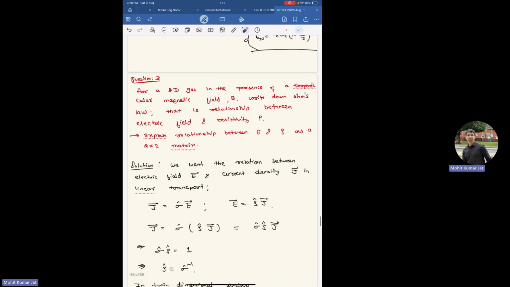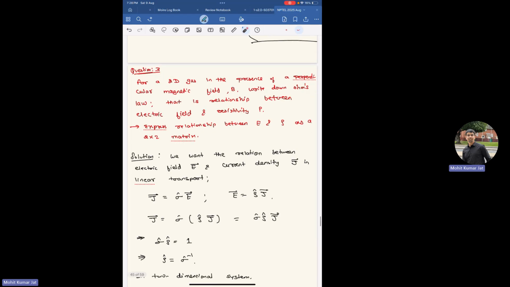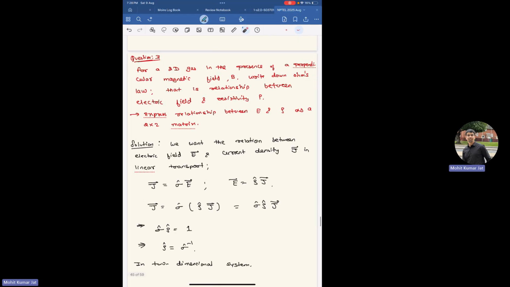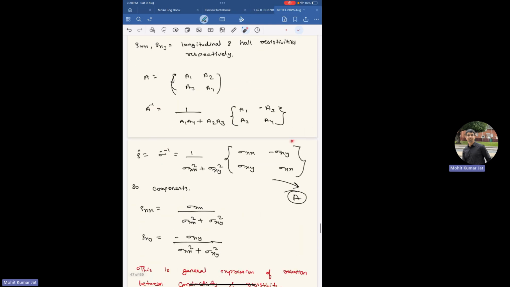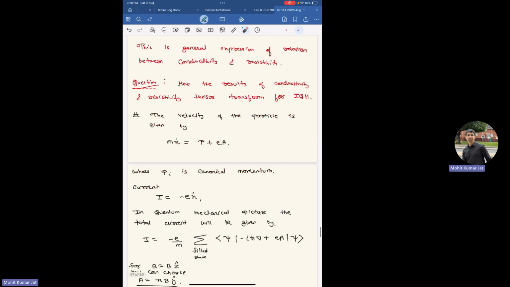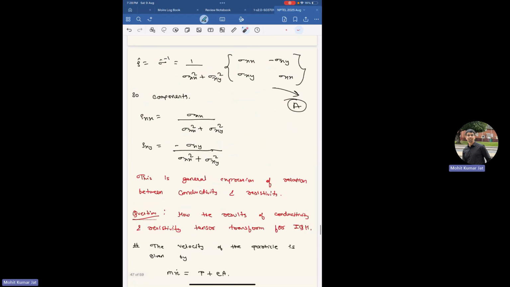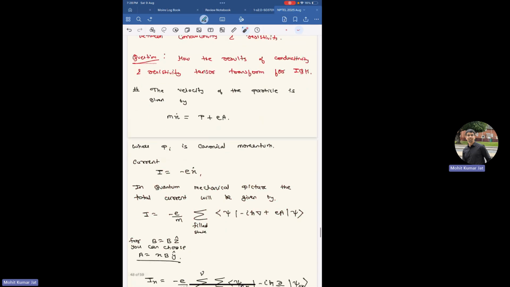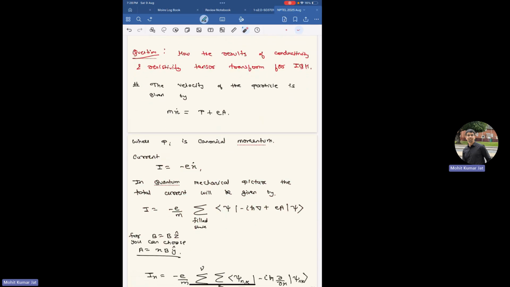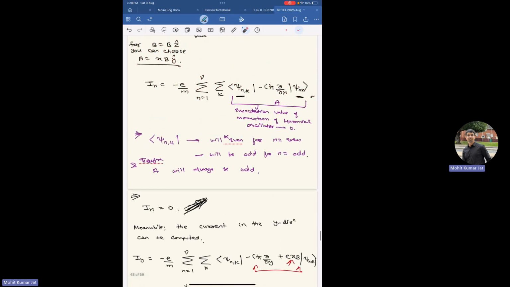Then in the next question, we discussed how the resistivity and the conductivity tensor depend on each other. This comes from Ohm's law, and that's the final expression of the tensor components. Now we moved on to the next problem, where you have derived the relation between the resistivity and the conductivity tensor, and how they behave when the particle is placed in a two-dimensional electron gas in a perpendicular magnetic field, using the approach of Landau levels.